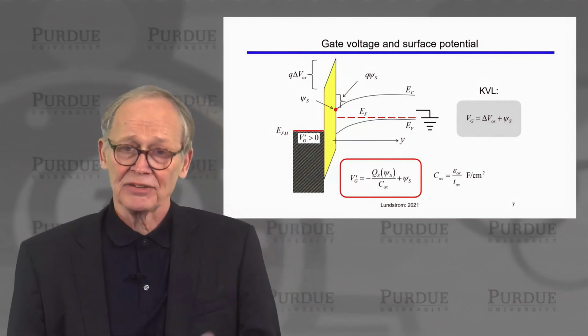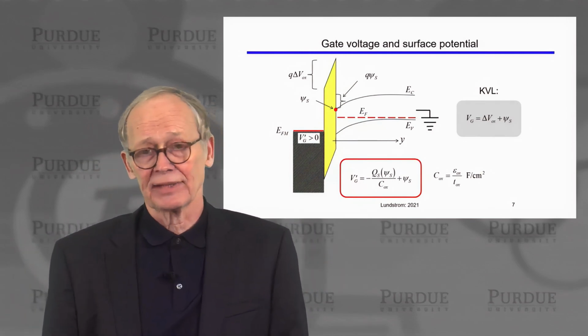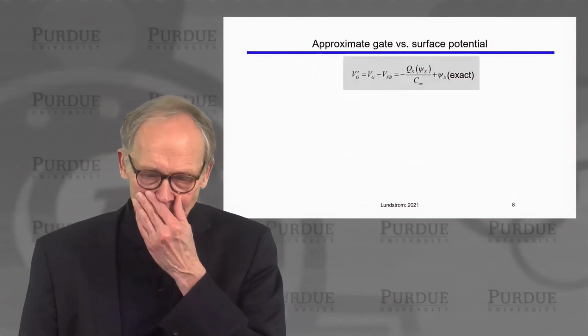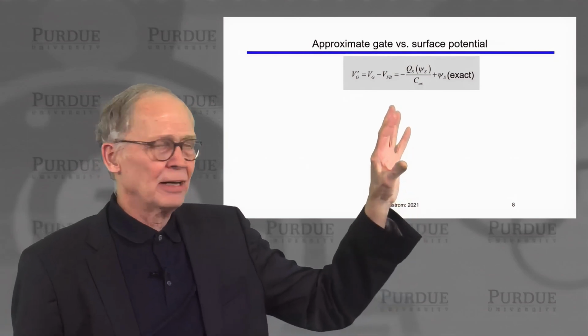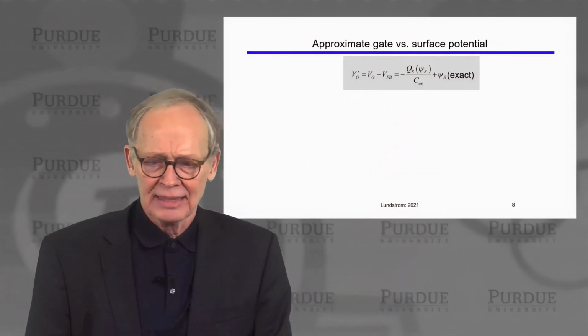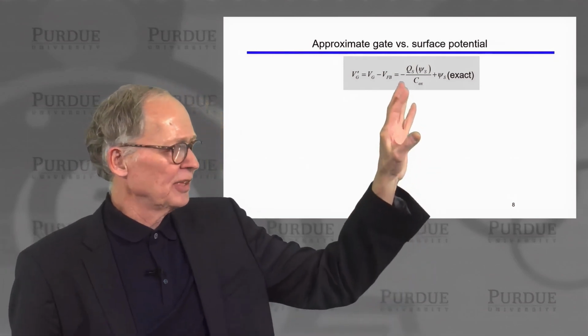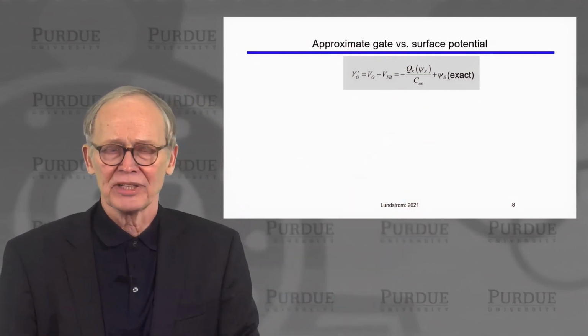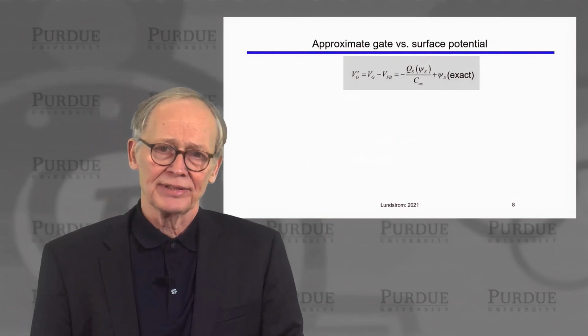Just remember that the oxide capacitance here is just the dielectric constant of the oxide divided by its thickness. Now, this is not a very complicated expression, but under depletion conditions, it involves a square root of the surface potential in the depletion charge. It makes it a little difficult to deal with.